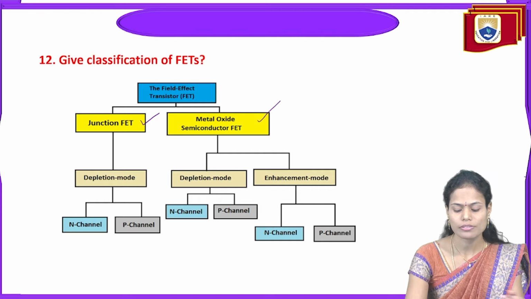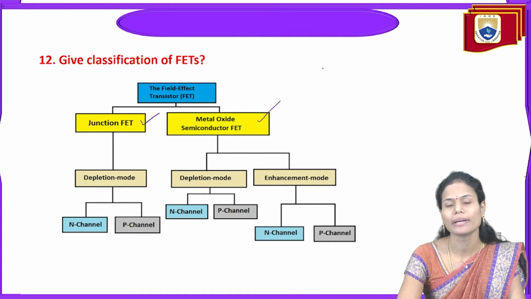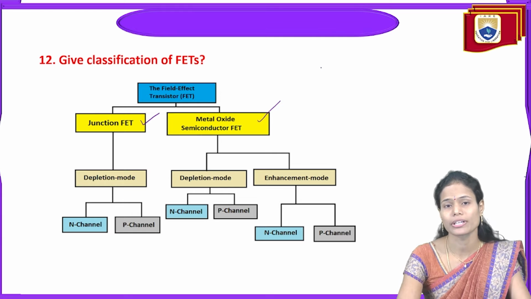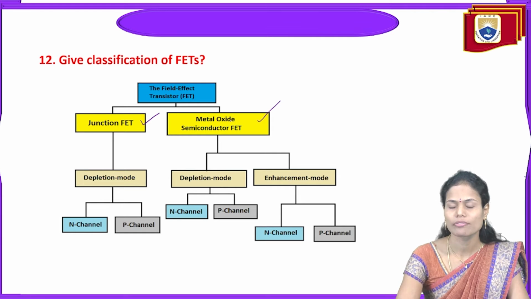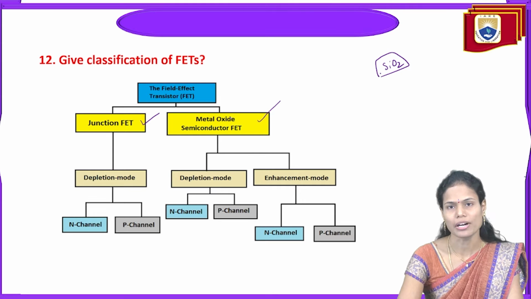In the case of MOSFET, the oxide layer is present between the metal and channel terminals. But in the case of junction field effect transistor, there is no oxide. That oxide, meaning silicon dioxide layer, is not present between the metal and channel. That is the basic difference between the JFET and MOSFET.